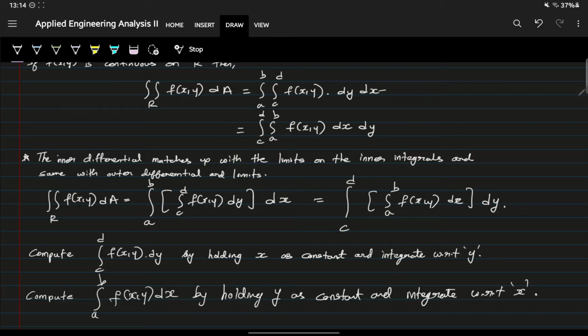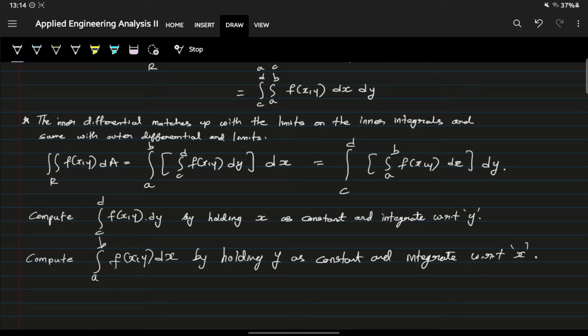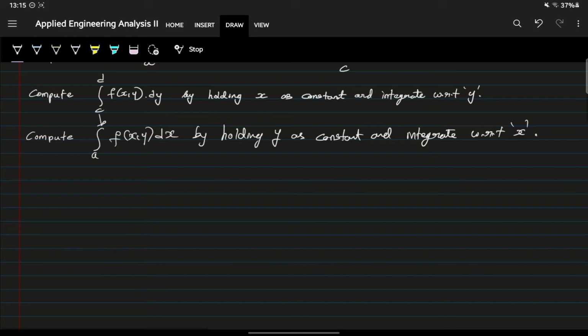So in the first case, when we are considering the inner limits c and d, f of x dy, we can hold x as a constant and integrate the entire function with respect to y. Or in the second case, we can hold y as a constant and integrate it with respect to x. Let us compute some examples.